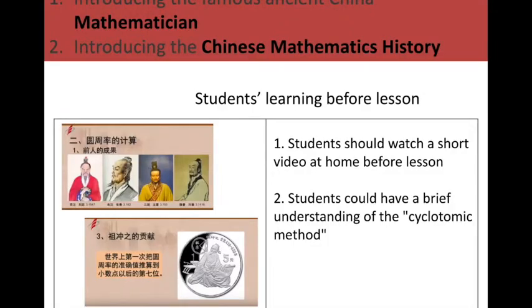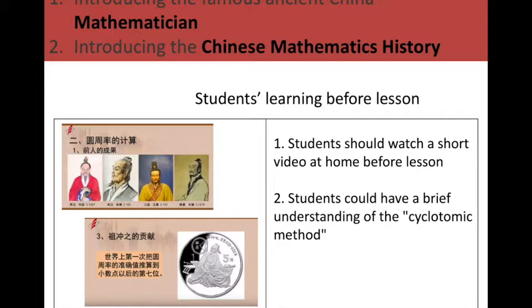For the second lesson, part 1 is the flipped classroom. The learning objective of the flipped classroom is to introduce the famous ancient Chinese mathematicians to the students and introduce to them the Chinese mathematics history. Before the lesson, the teacher will share with the students a video about Chinese mathematics history, especially the mathematician Zu Chongzhi.